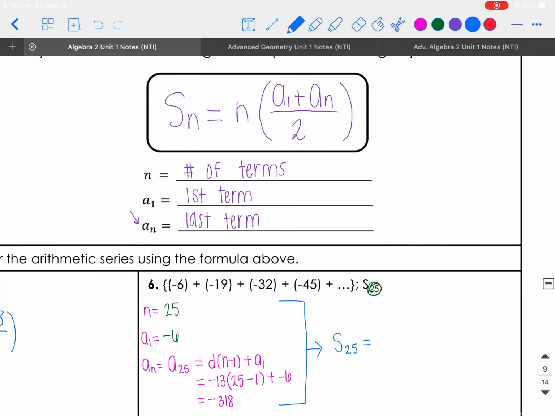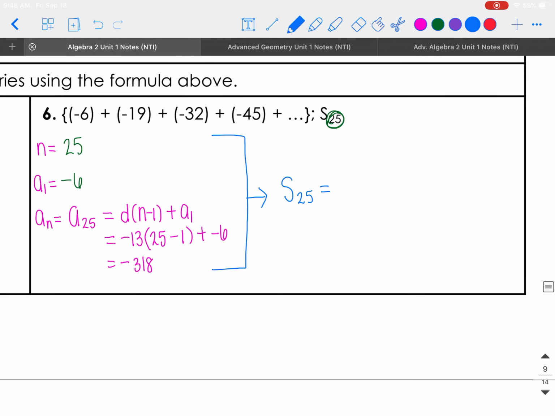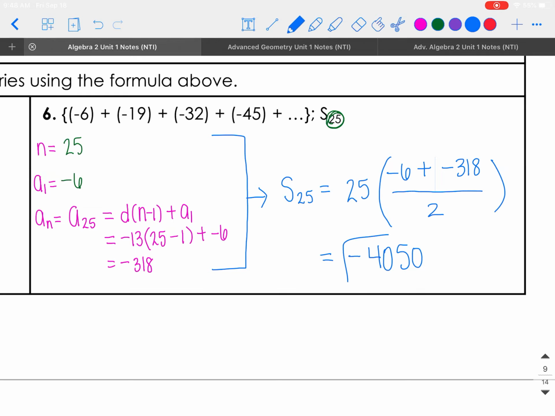So I'm going to fill into this S sub n formula right here. 25 times -6 plus -318 divided by 2. And we get -4050.